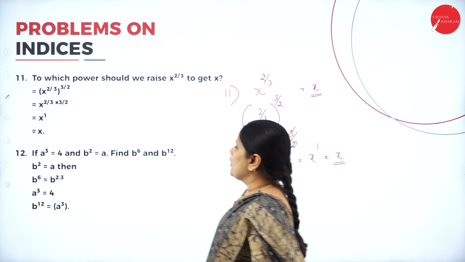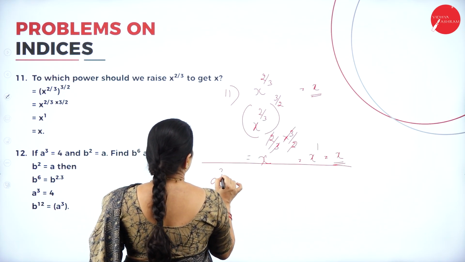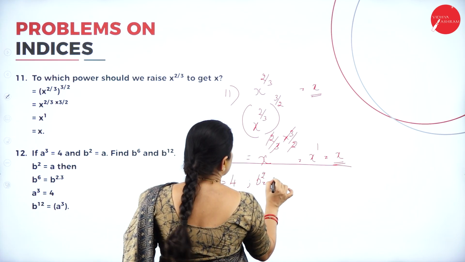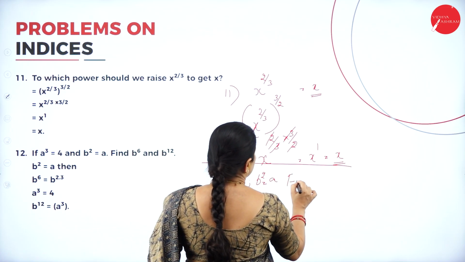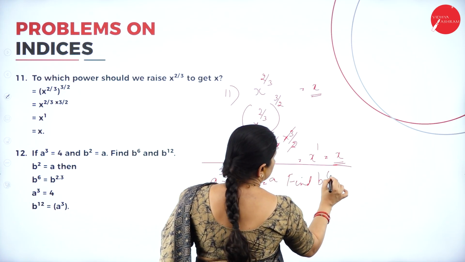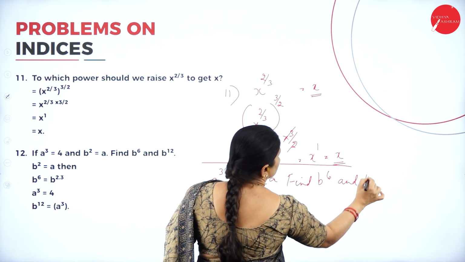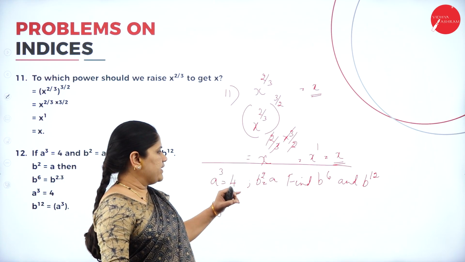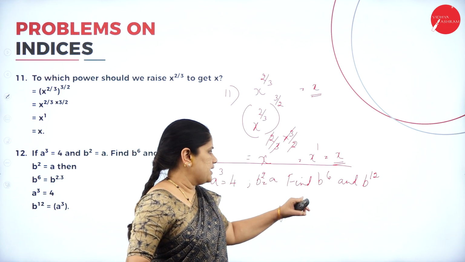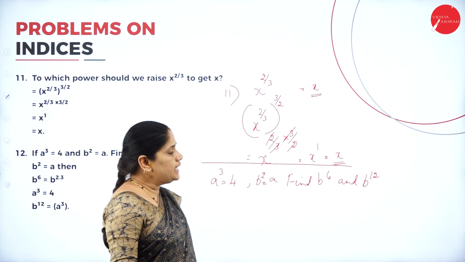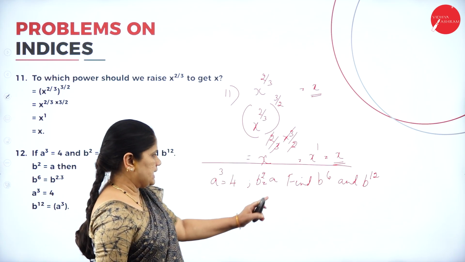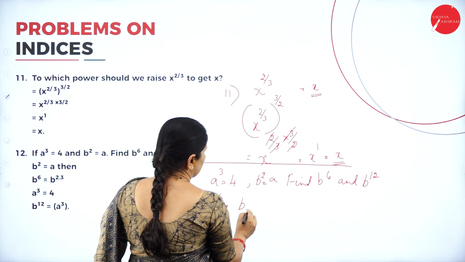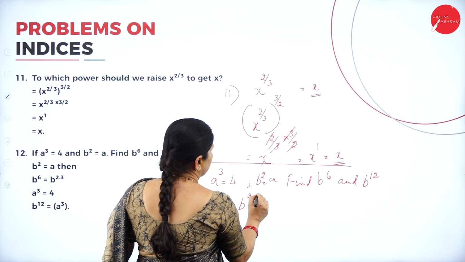Now, the next problem is a cube equals 4 and b square equals a. Then find b to the power 6 and b to the power 12. So, the value of a cube equals 4 and b square equals a. Find b6 and b12. Now, b to the power 6 will be equal to b to the power of 2 into 3.